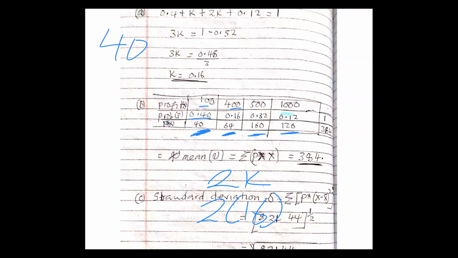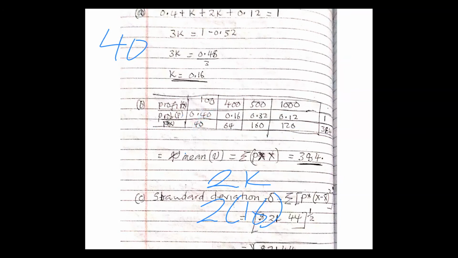What we are saying is that you are multiplying the probability times that payoff or profit. Each probability times the given payoff. So the probability for the first one was 0.4.